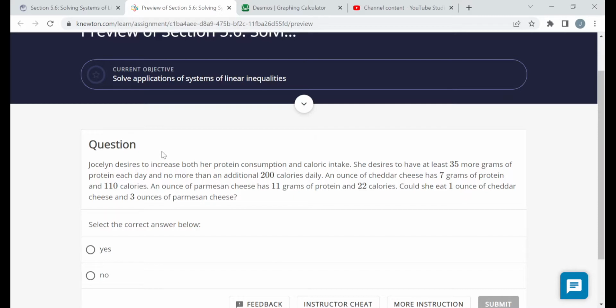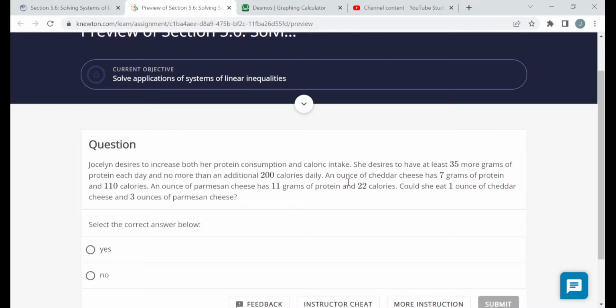Alright, so first I'll read through it. So Jocelyn desires to increase both her protein consumption and caloric intake. She desires to have at least 35 more grams of protein each day, and no more than an additional 200 calories daily.